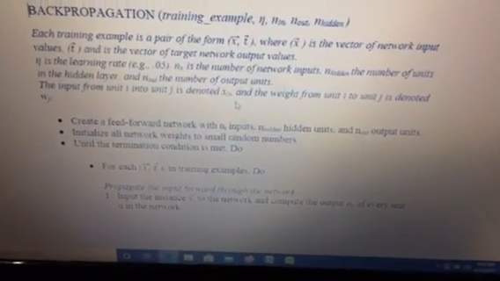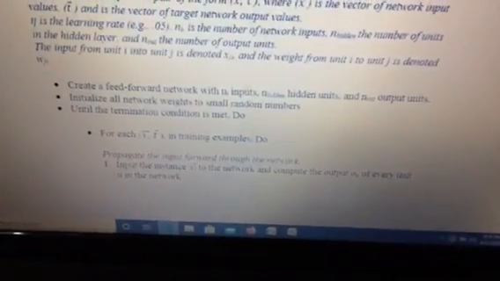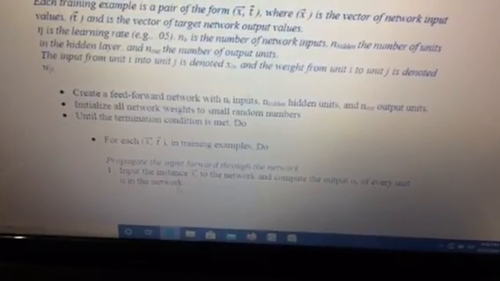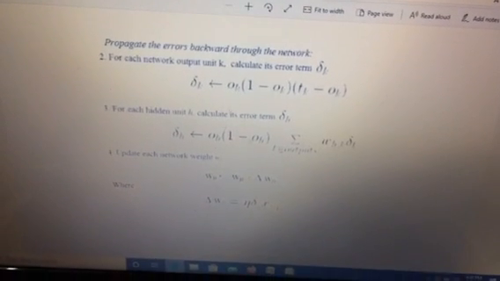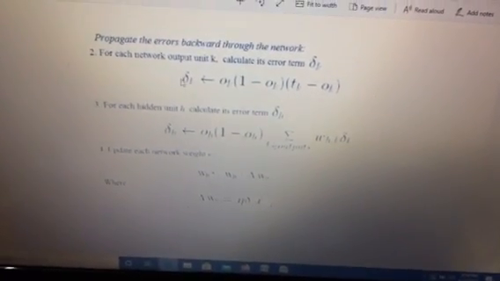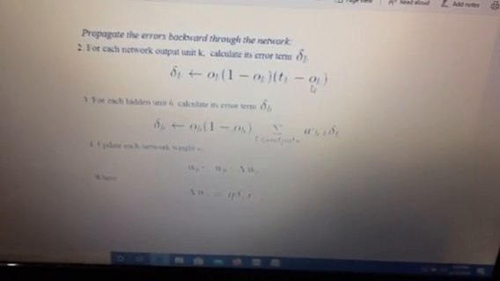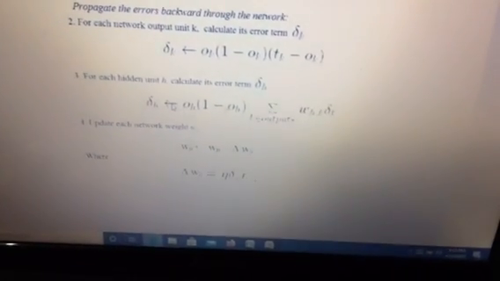Then we propagate forward and get the output, which is represented as o here. So we are going to get an error. Once we get the error, we backpropagate it from the output layer. The output layer equation is written like this, that is a sigmoid function with an error. Next we reach from output to the hidden layer.